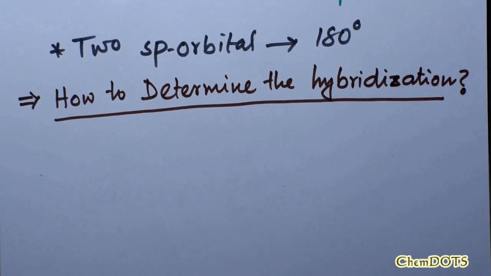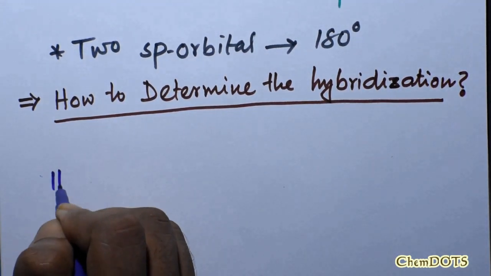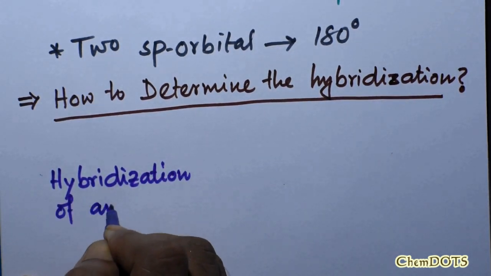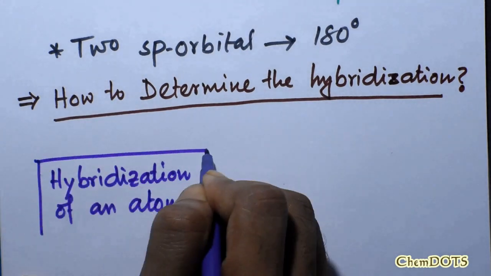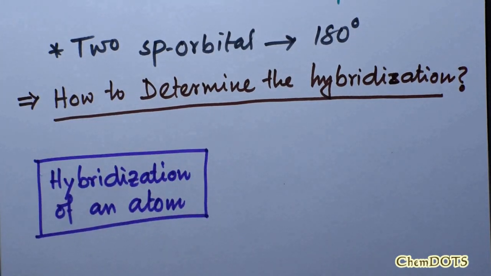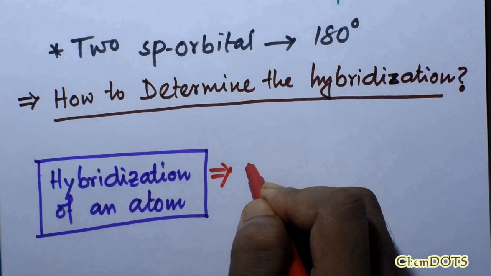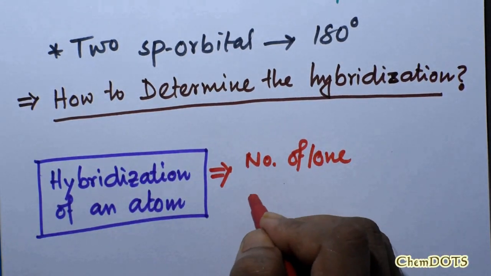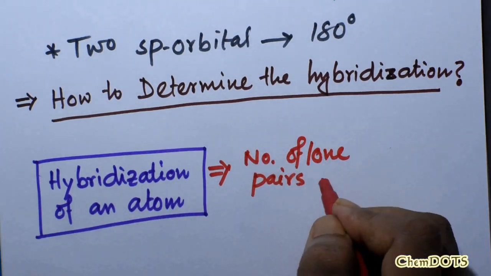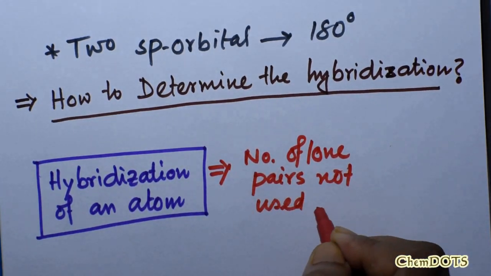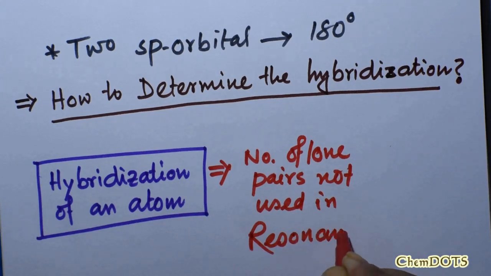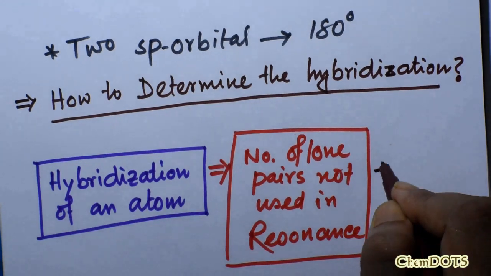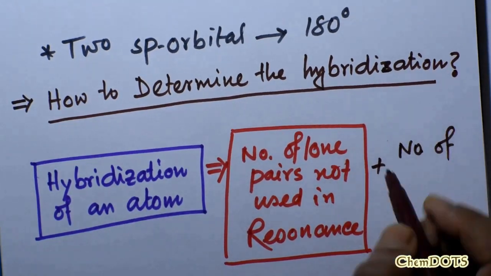To determine in which hybridization state an atom is, we have to add up the number of lone pairs which are not used in resonance, that means the lone pairs which are readily available and contribute to the geometry of that molecule, and the number of sigma bonds, which means the single covalent bonds with the central atom.